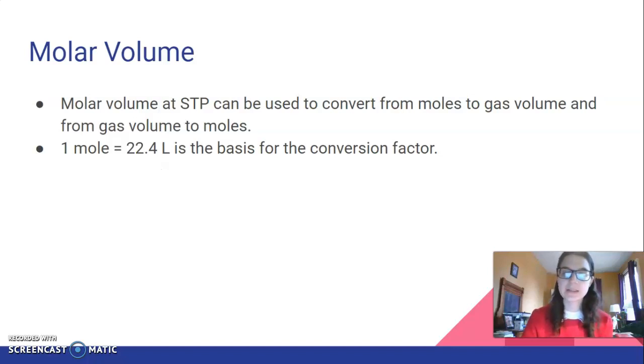In the previous notes, we talked about how standard temperature and pressure means 0 degrees Celsius and 1 atmosphere, or 101.3 kilopascals. This equality of 1 mole being equal to 22.4 liters is the basis for the conversion factor that we will be using.